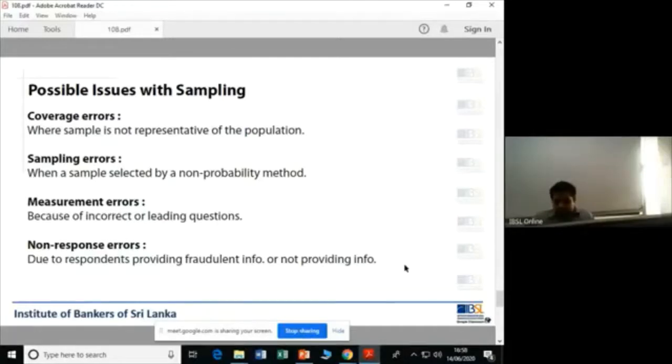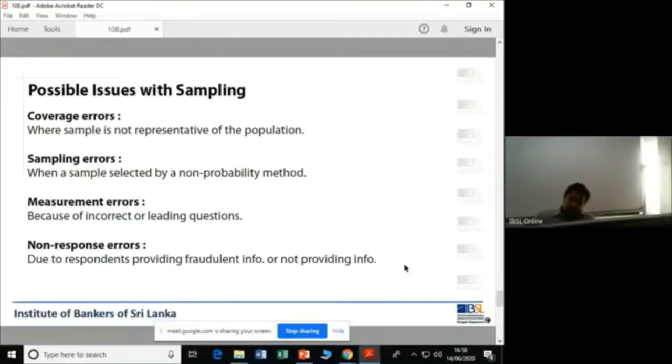Rather, most of the time, most statistical studies are going to focus on a sample. So that is why we have to depend on one of these sampling techniques when we are conducting research.